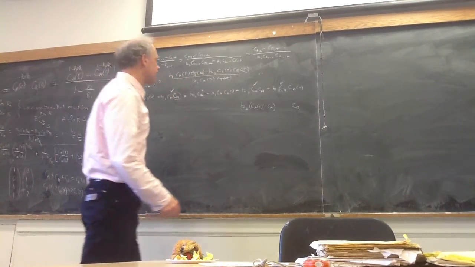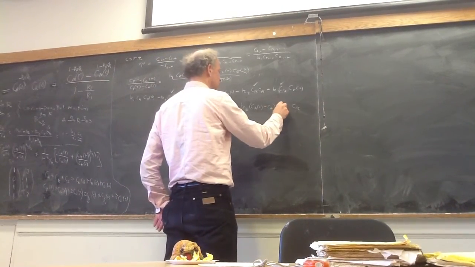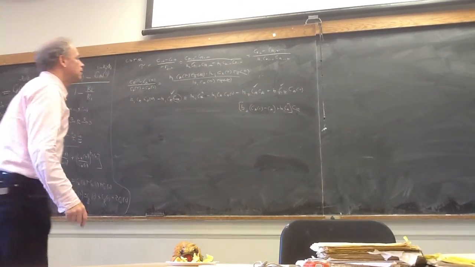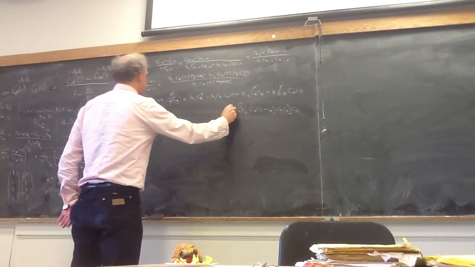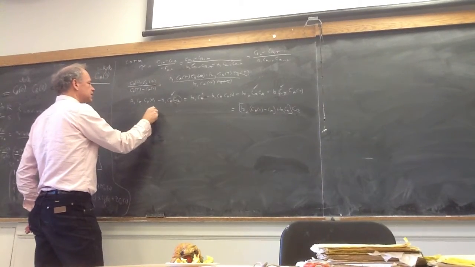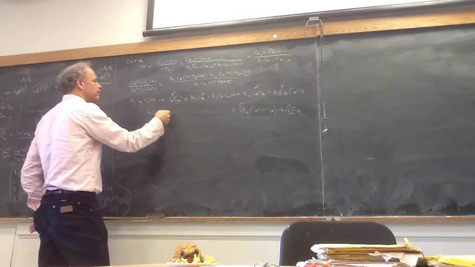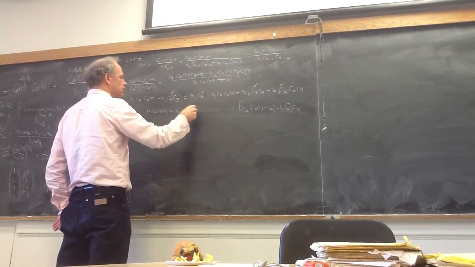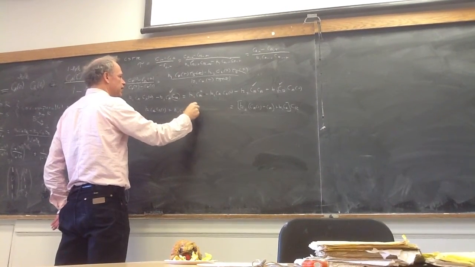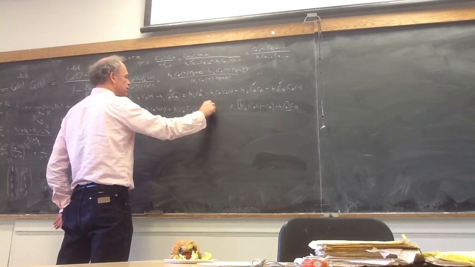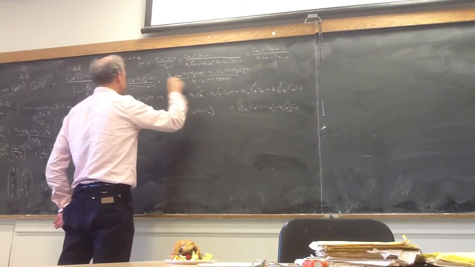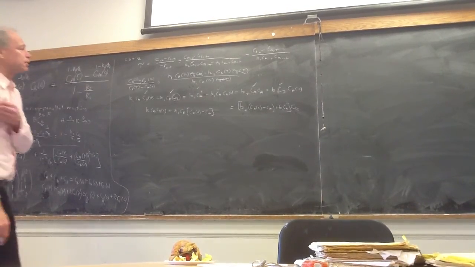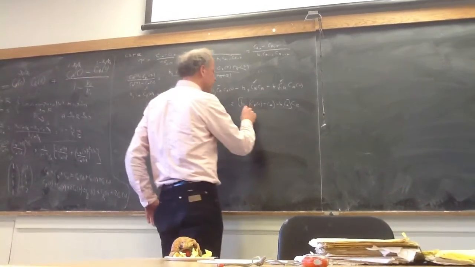So I have a plus a K1 CA, all that times CR. And that's equal to everything else. So that's got a K1 CA CR of 0 plus K1 CA times CA of 0 minus CA. And that's these terms. Okay, so now I'm going to divide by the coefficient of CR.